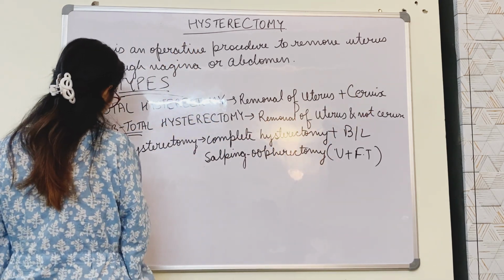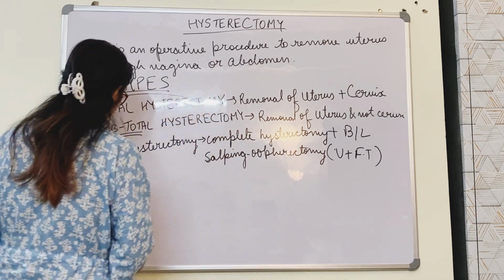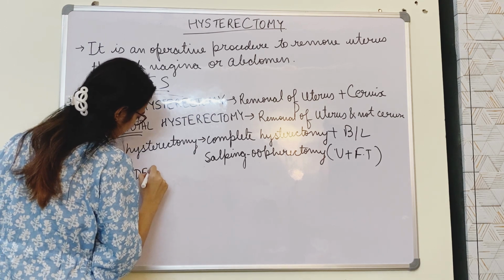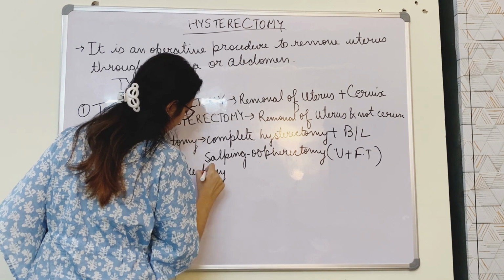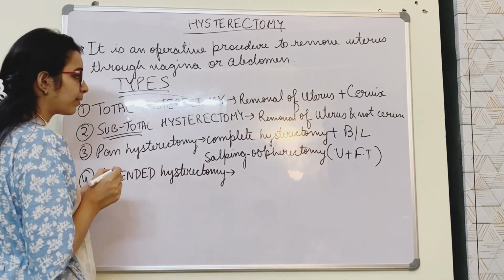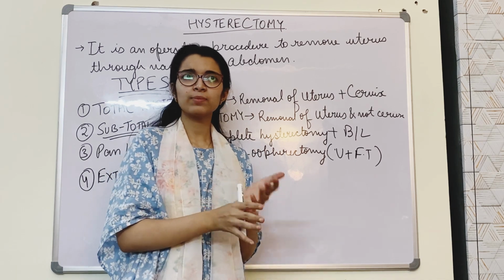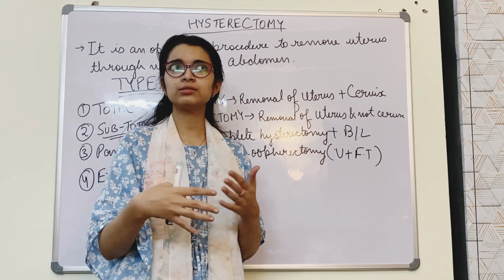Now let's discuss the fourth type of hysterectomy, the extended hysterectomy. What do you understand by extended? Extended means something that has its extended form. In hysterectomy, that is the basic removal of the uterus, right? So in extended hysterectomy, what more can it include?